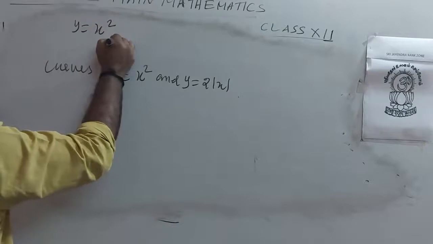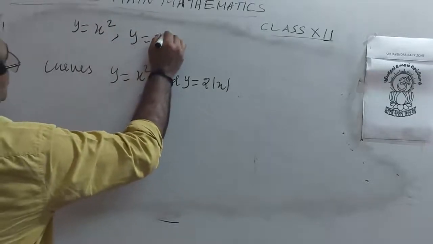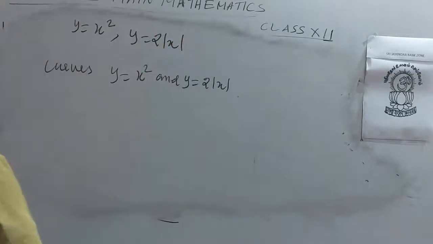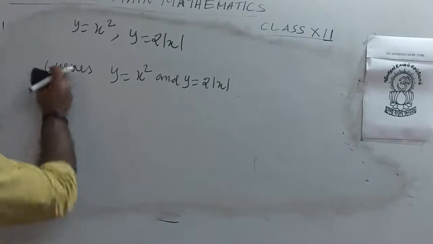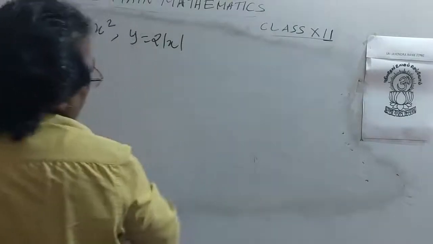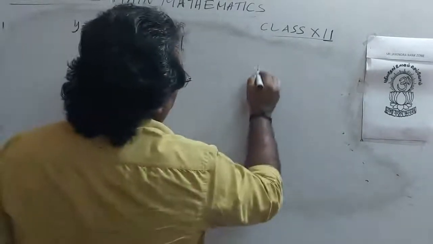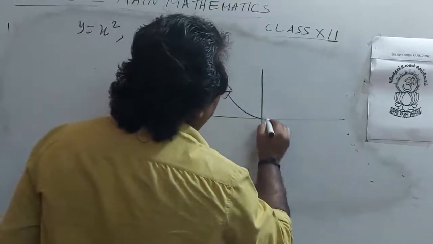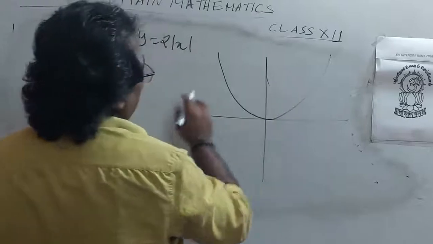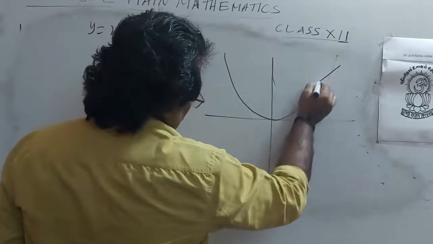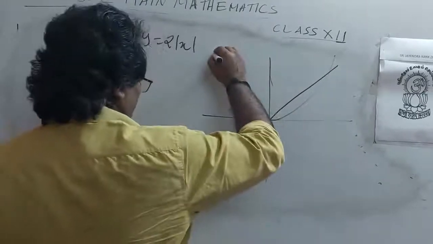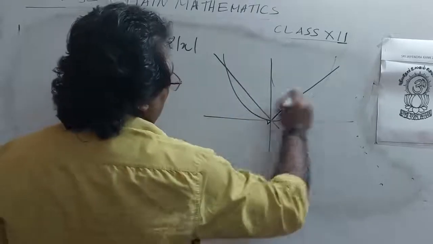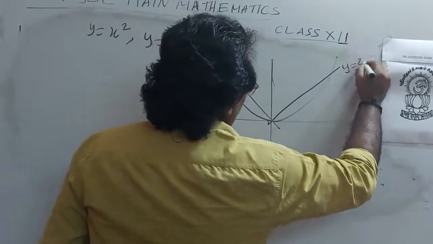Y equal to x squared, y equal to twice modulus x. So this is x squared equal to y. This is y equal to 2x.